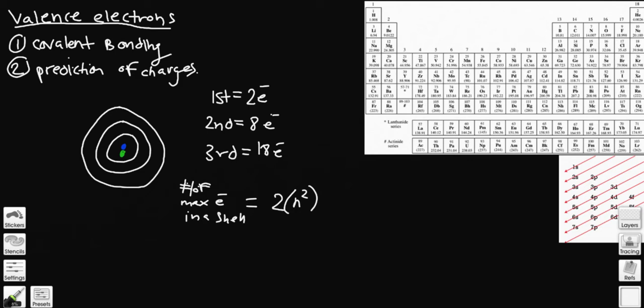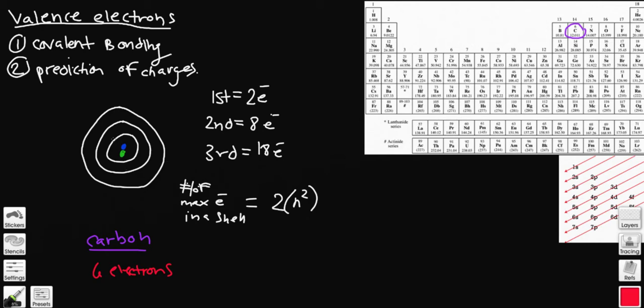Now, let's talk about the most famous element in this class, which is going to be our buddy carbon over here. Now, carbon has how many electrons? Well, if you look on the periodic table, carbon is going to have 6 protons. If it has 6 protons, it must have 6 electrons as well. So let's start filling up these electrons in these beautifully drawn shells that I drew over here.